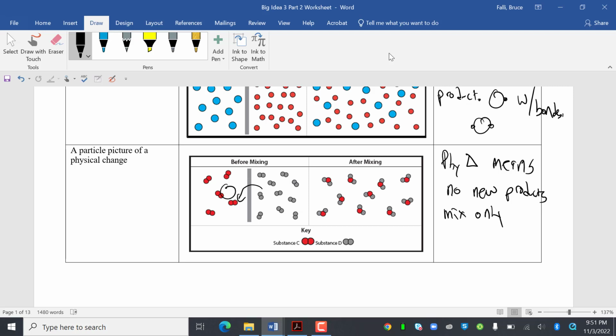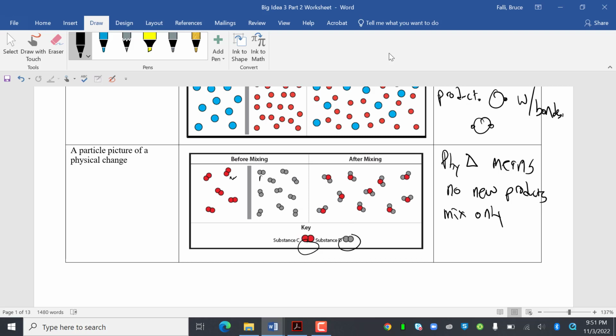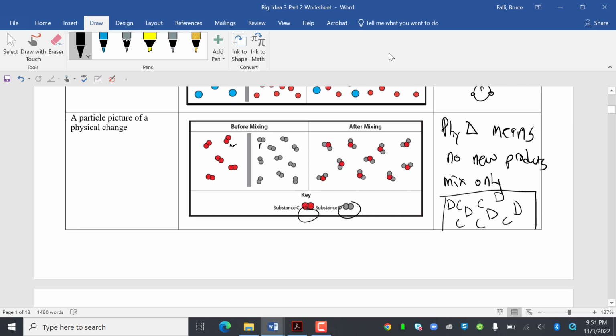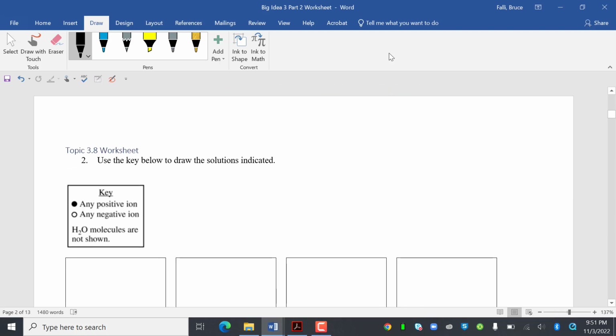Oops, my circles aren't doing so hot. So I'd have a red, and I have a green mixed together, and a red and a green and a red and a green and a red and a green. So see these guys? I would have C and D. So if I were to redraw this, I'd have C, D, C, D, C, D, C, C, D, D. Okay. It doesn't have to be a homogeneous mixture, but it does have to be a mixture.